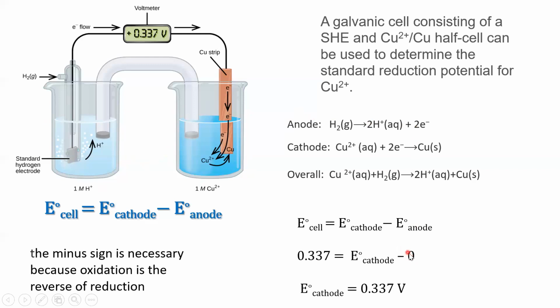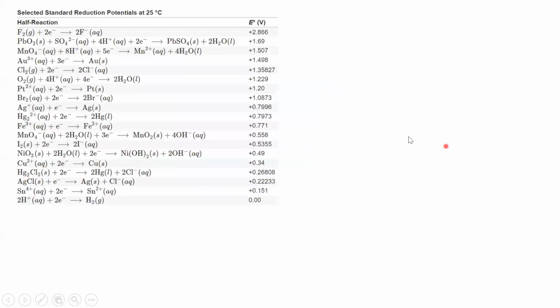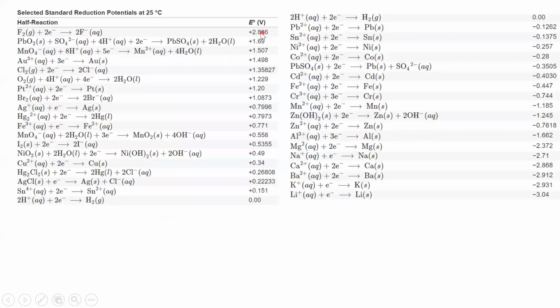And since we assigned this value as 0, we can figure out what the standard reduction potential is for this half reaction. So what that does is it enables us to come up with values. So I'm just showing you where these values come from.